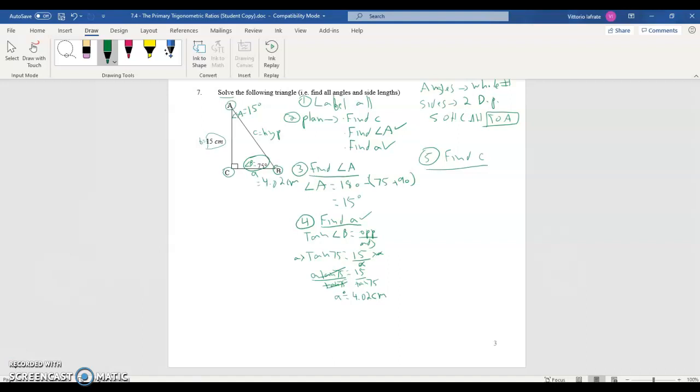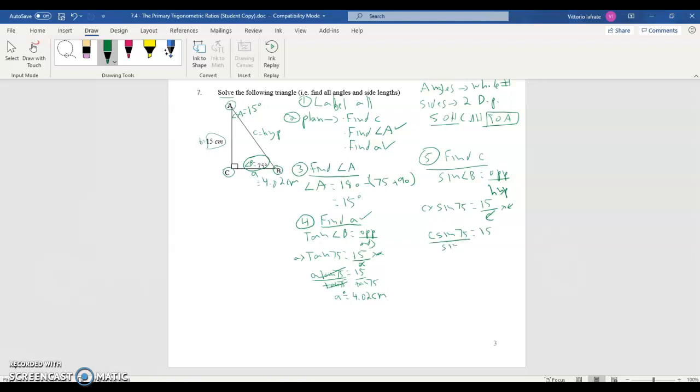So if I have angle 75, B would be the opposite, and then we have hypotenuse. So opposite over hypotenuse. So sine. So sine of angle B is equal to opposite over hypotenuse. So that means sine of 75 is equal to 15, which is the opposite side, over the hypotenuse, which is C. I can multiply both sides by C. And so I get C multiplied by sine of 75 is equal to 15.